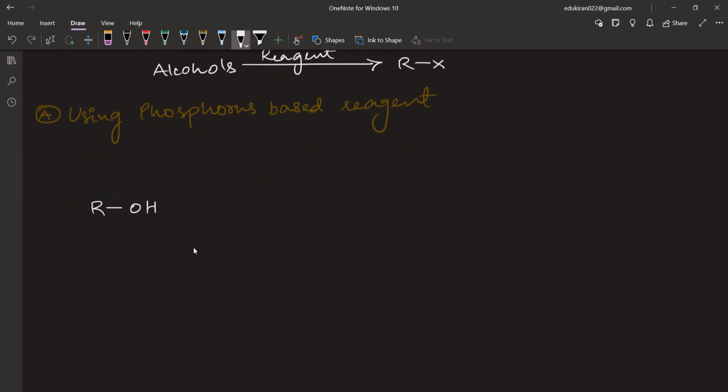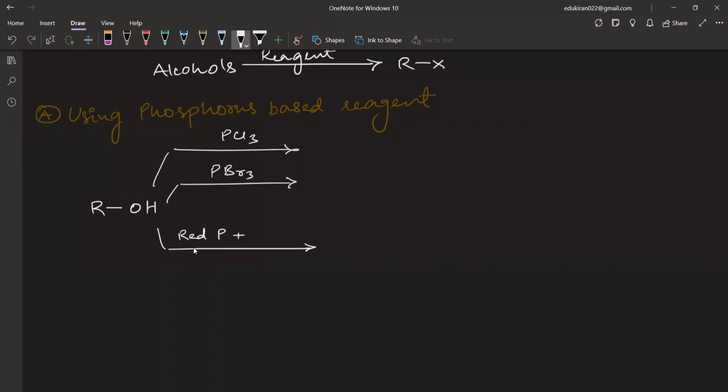And I'll be writing the reagents: PCl3, PBr3, red phosphorus plus X2, where this X can be either chlorine or bromine. At last we have PCl5. So we have these different types of reagents.